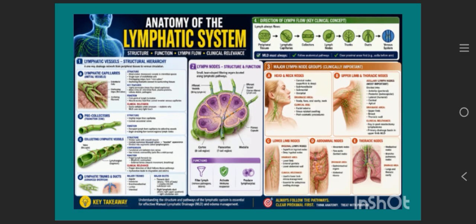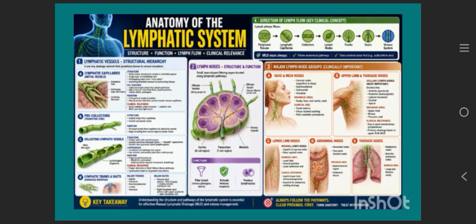Before we start the next topic, the lymphatic vessel structure hierarchy includes 4 levels. The first is lymphatic capillaries, the initial vessels. Second is pre-collectors, the transition zone between capillaries and collectors.